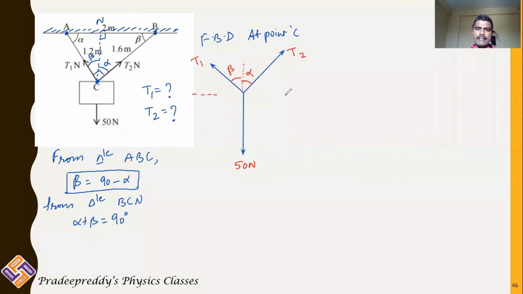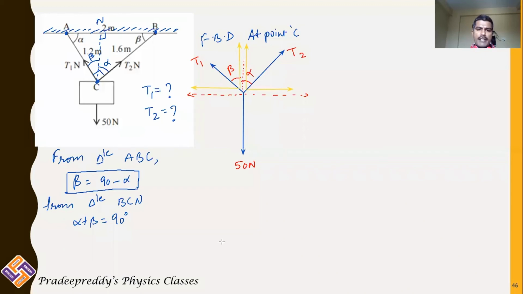I can now take this as x-axis. As the T1 and T2 are in the plane, you can resolve those vectors into components. One component along vertical and the other component along horizontal. Likewise, one component along vertical, other component along horizontal.